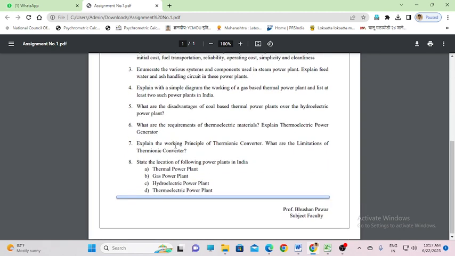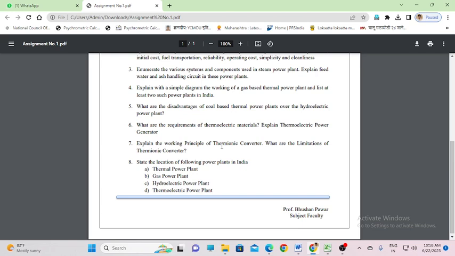Question number 3. Enumerate the various systems and components used in a steam power plant. Explain feed water and ash handling circuit in these power plants. While attempting this question, draw a neat sketch of the steam power plant which will cover all the necessary machineries.